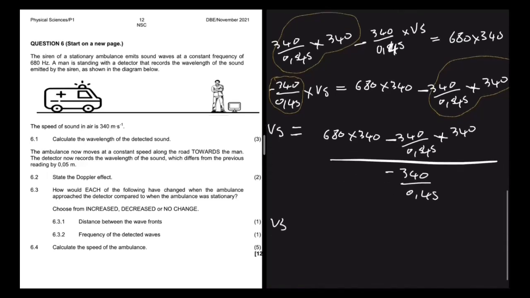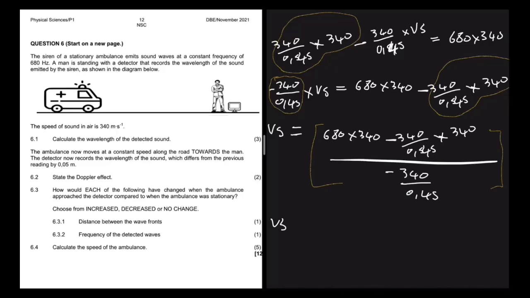And now I can put this entire expression here in the calculator and determine Vs. The reason why I don't want to press the calculator before I get to the answer is because I'm avoiding making mistakes, right? I'd rather put things in the calculator once and get the answer rather than put things in the calculator a lot of times and risk making a mistake, right?